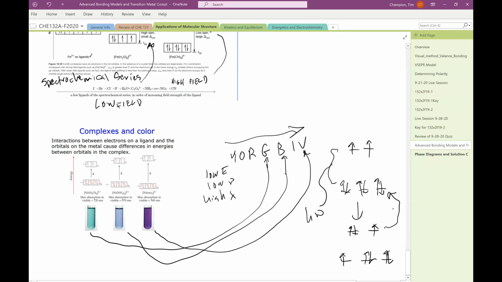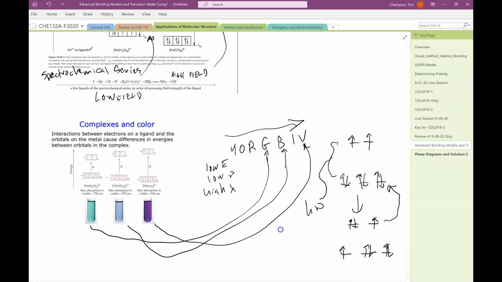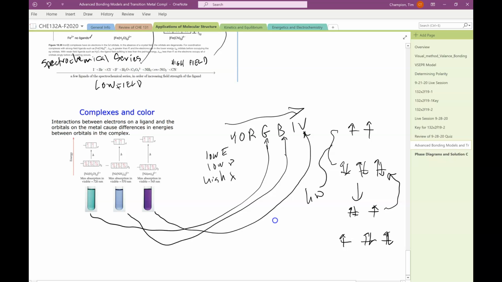So this relates to what kind of light gets absorbed and reflected, so we can associate that electronic difference with color.